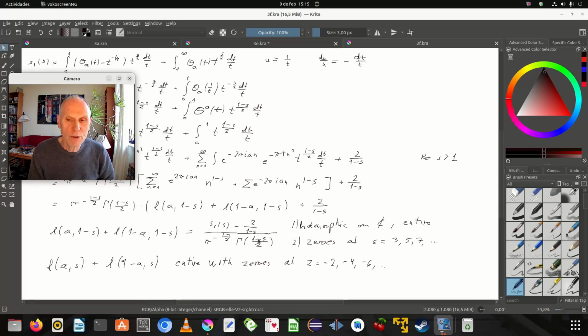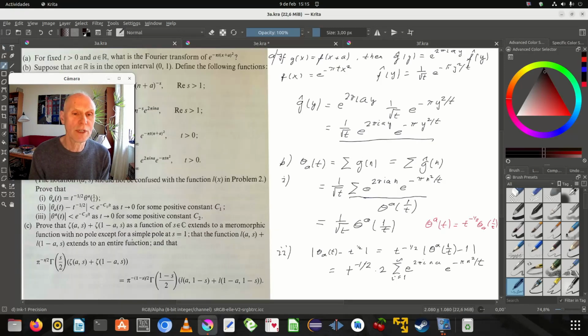This has poles at s equals 3, and of course 1, but 3, 5, 7, etc. So this is an entire function with zeros at -2, -4, -6. And then the formula that we had to show in the exercise on the problem follows directly from the two expressions we have of S1 of s.